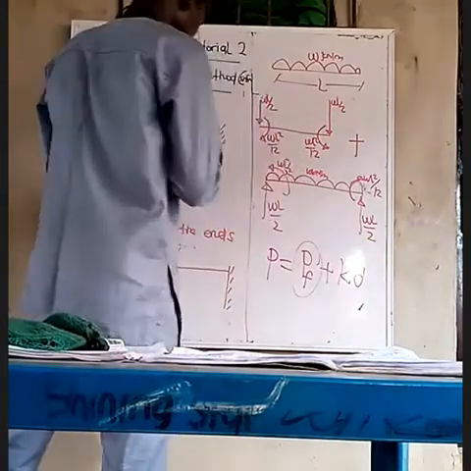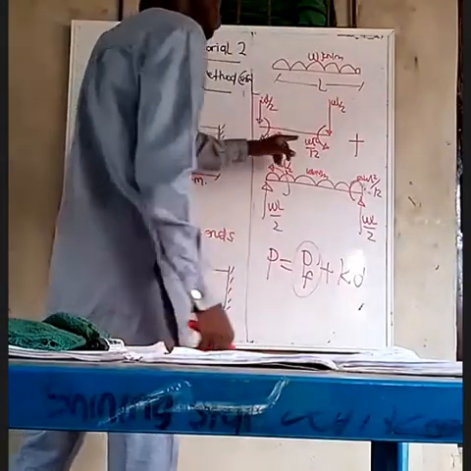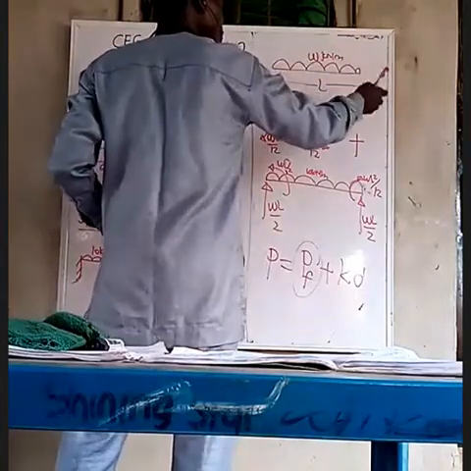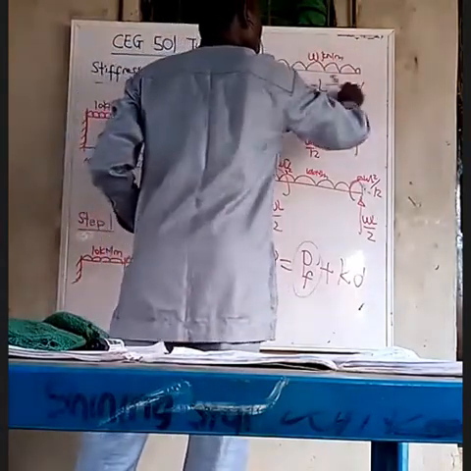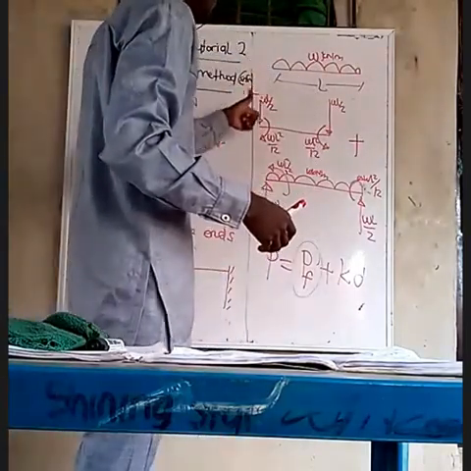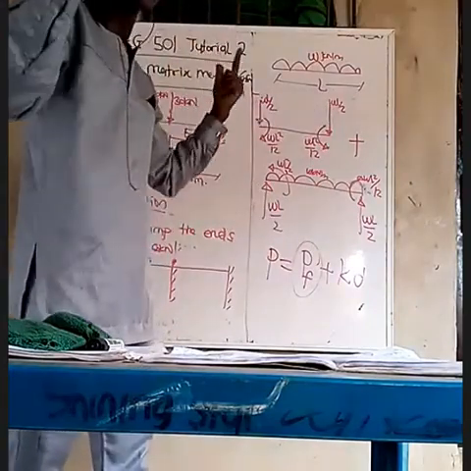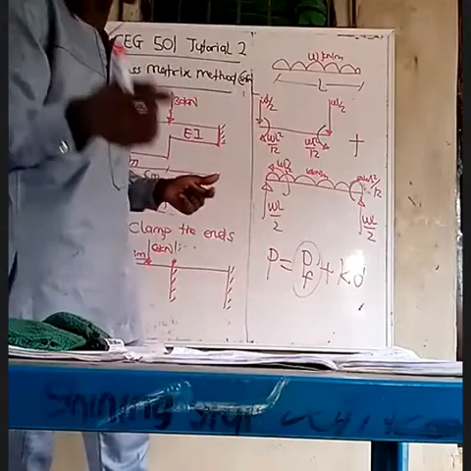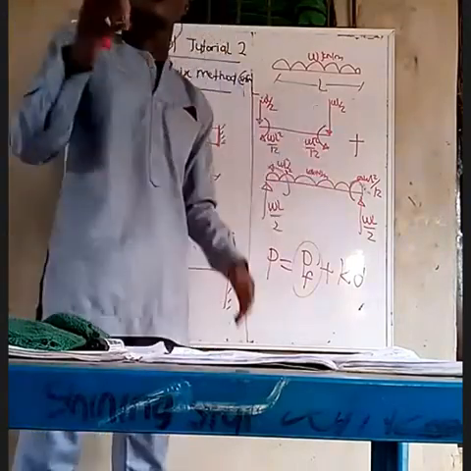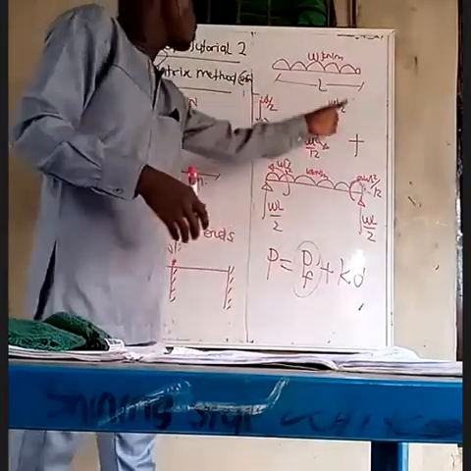So the moment due to this load is WL squared over 12. But what we want is just another way of expressing this UDL. And if we apply WL over 2 at the end, which is from the derivation of the stiffness matrix method, we are assuming that the loads are applied at the end because there was no intermediate load when we were deriving.